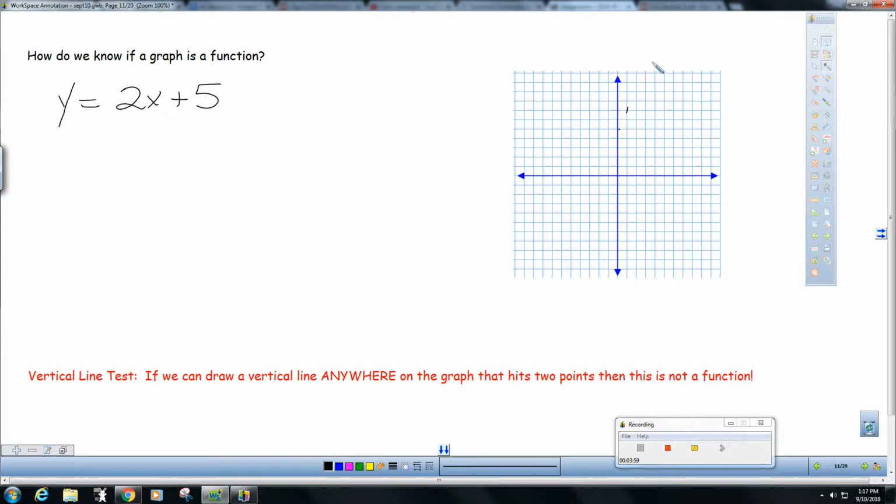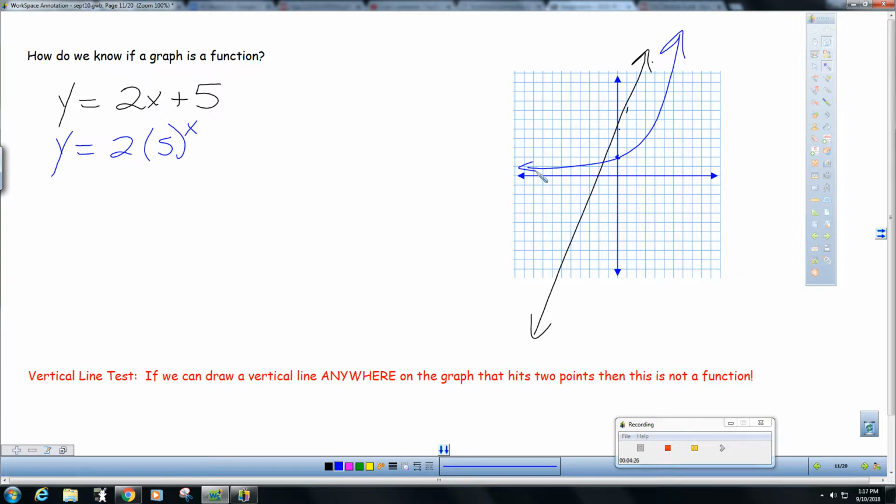That's going to look something like that. It's going to be a straight line. How about y equals 2 times 5 to the x?